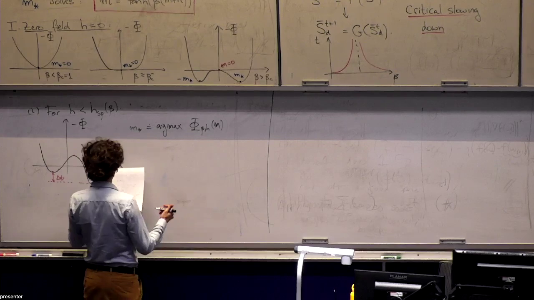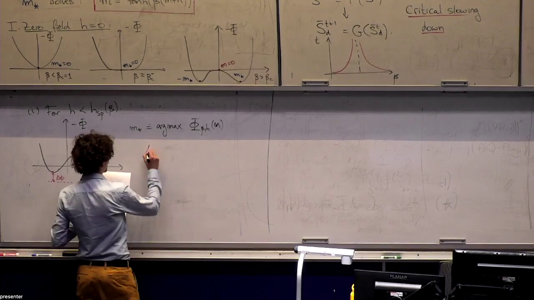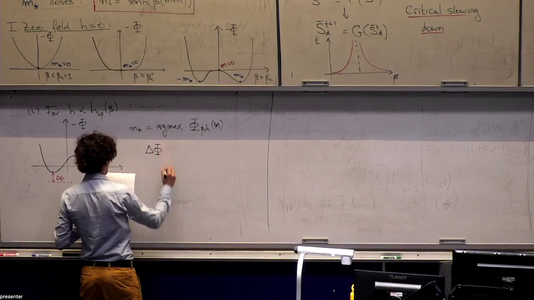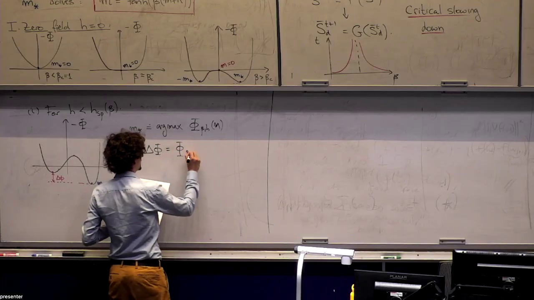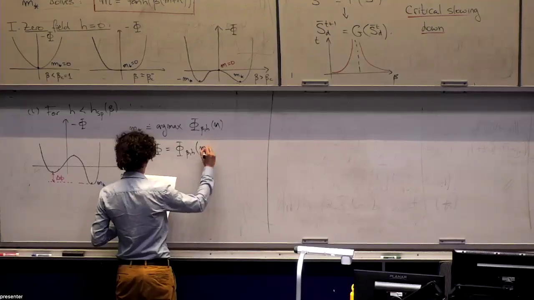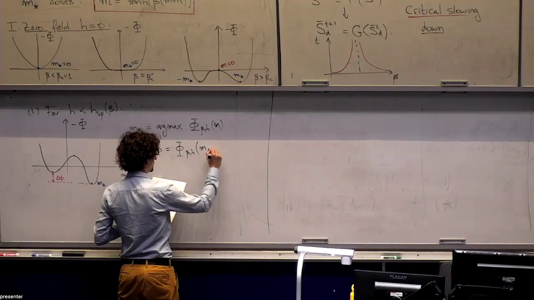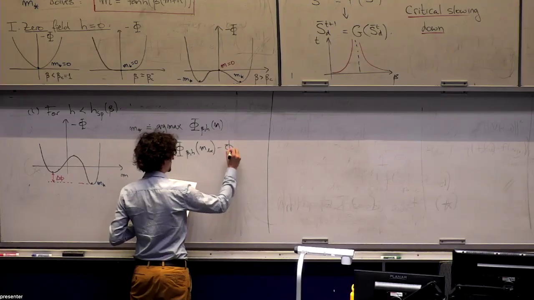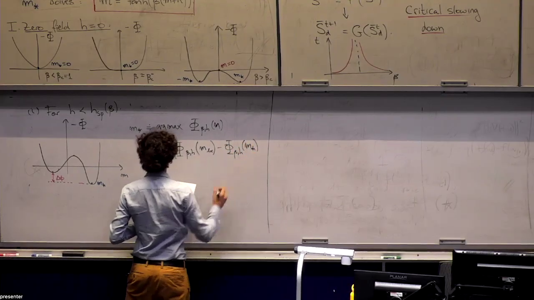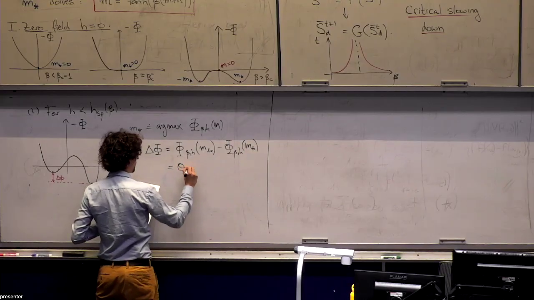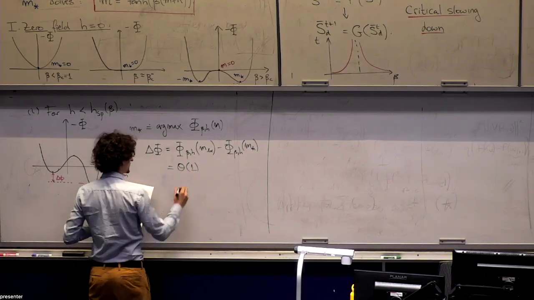So let me write this. Delta phi, which is phi of beta h of m local minus phi of beta h of m star. So this is an O(1) quantity.